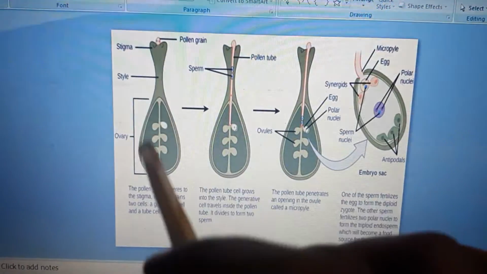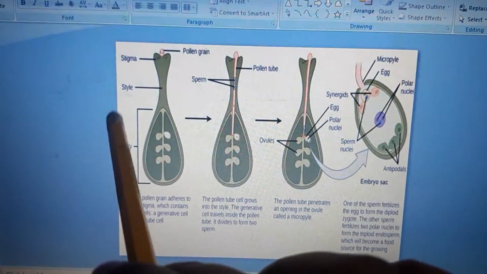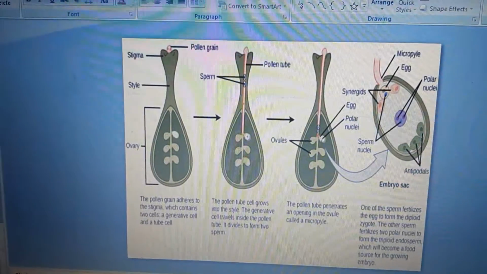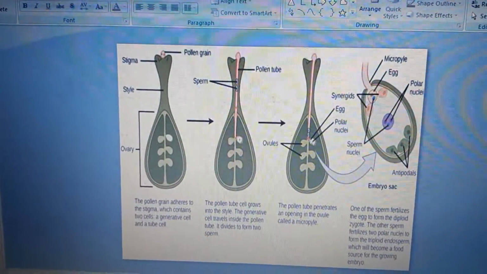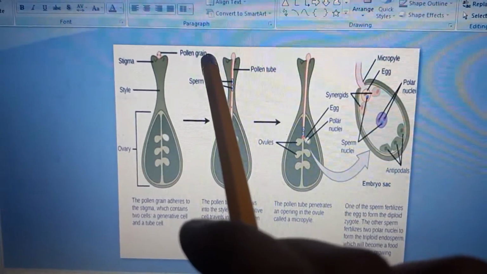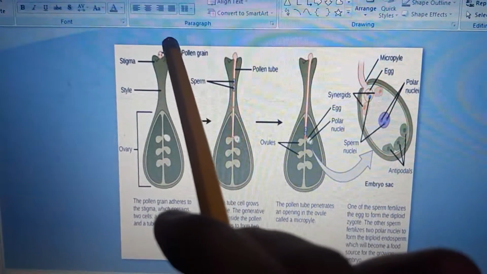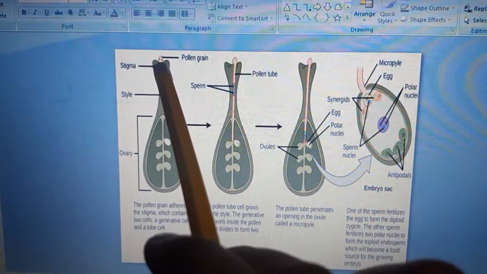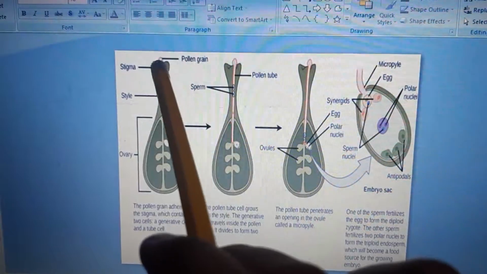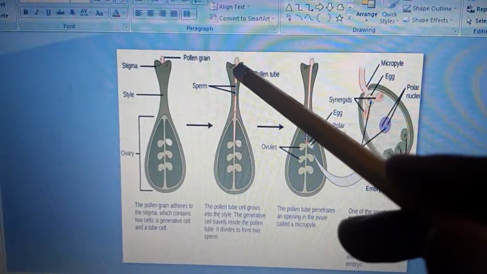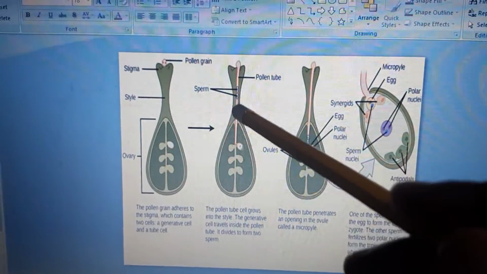You can see here all the accessory parts, the petals and sepals, drop out, and we are left with the gynoecium. The pollen grains released from the anther come and sit over the stigma, and from here some factors are released by the stigma, and the pollen grain produces a pollen tube, which passes through the style.